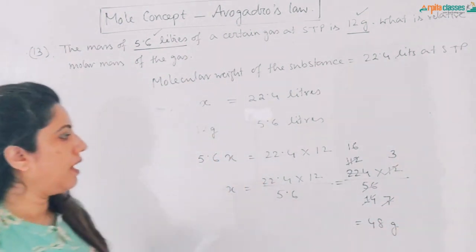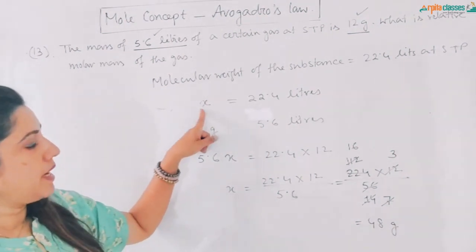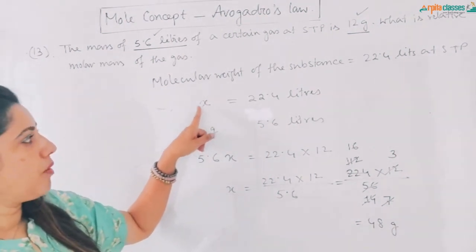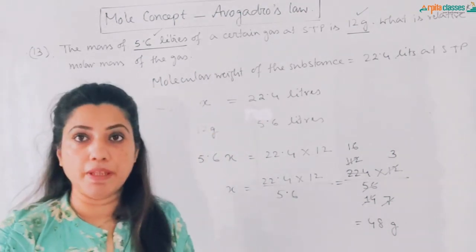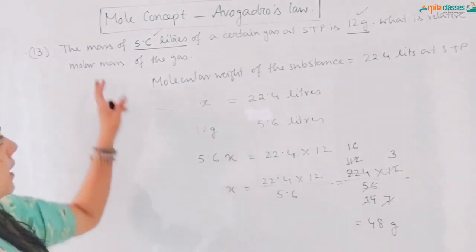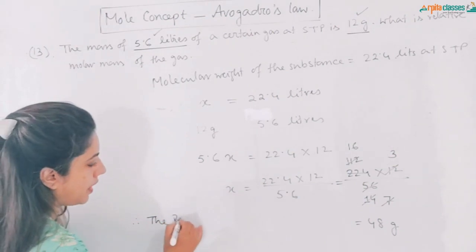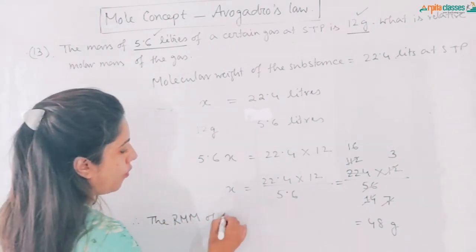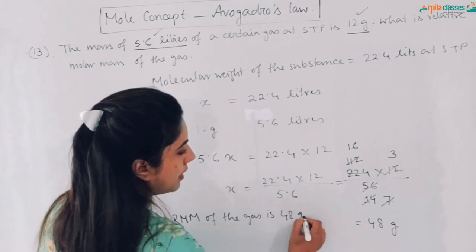That means if X is 48, the volume of 48 grams of the gas is 22.4 liters at STP. That means this is the molecular weight of the substance. So the relative molecular mass (RMM) of the gas is 48 gram.